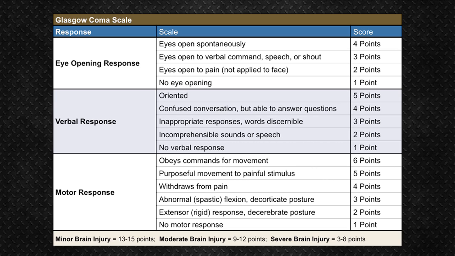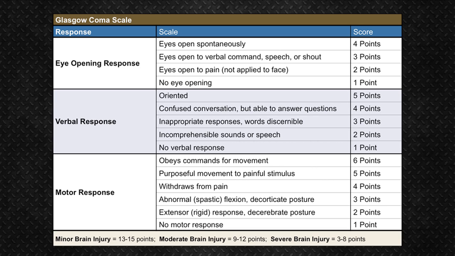That's localizing the pain. Any other purposeful movement, they raise their hand but they don't cross midline, they pull their shoulder away from you, whatever, that would be 4. So any other purposeful movement that is not crossing midline gets a 4.